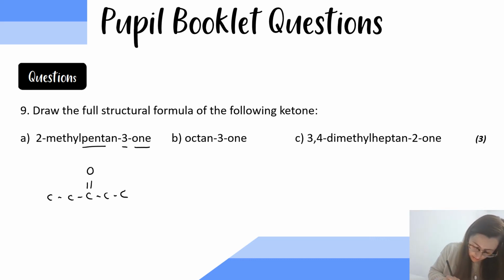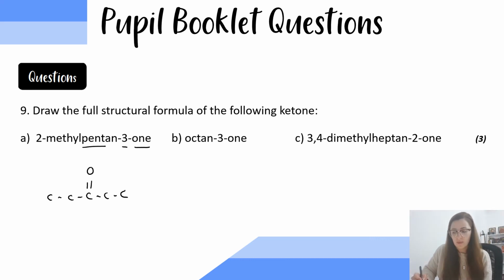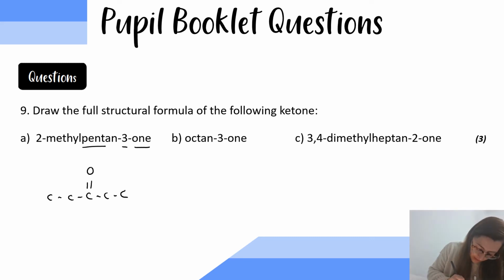So no matter which way, because my carbonyl group is in the middle of the molecule, I could number my carbons from left to right or right to left, and my carbonyl group would still be on carbon 3. So if I number it 1, 2, 3, 4, 5, 2-methyl, I'm putting my methyl group on carbon 2 and filling in the rest of my hydrogens.